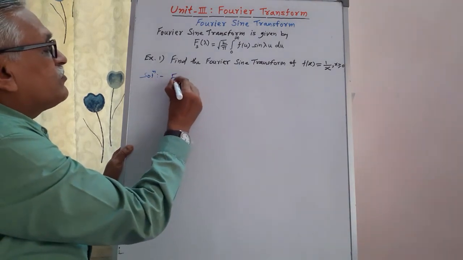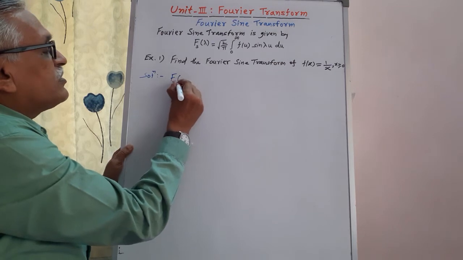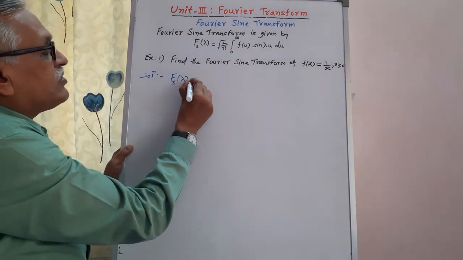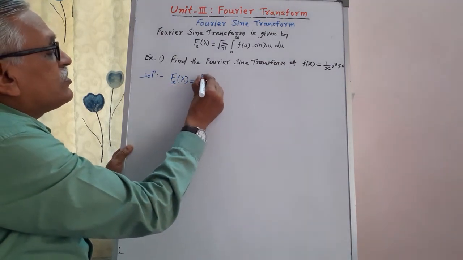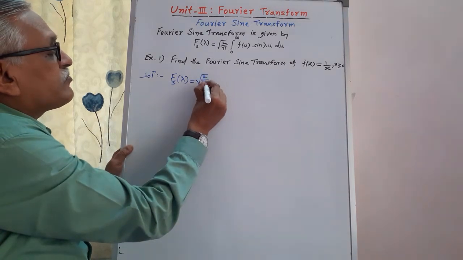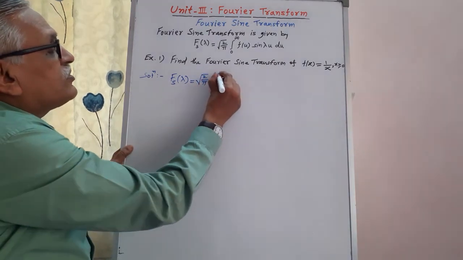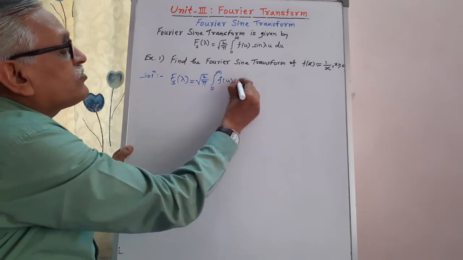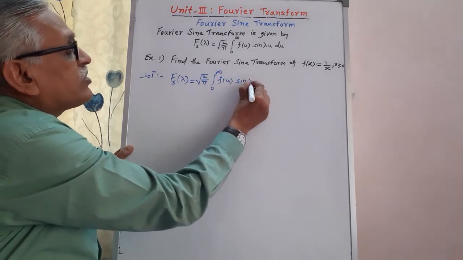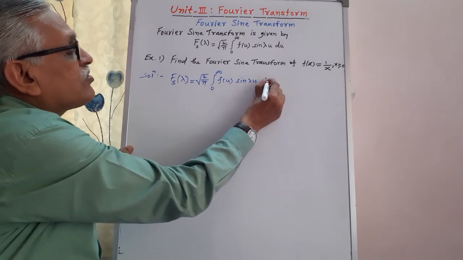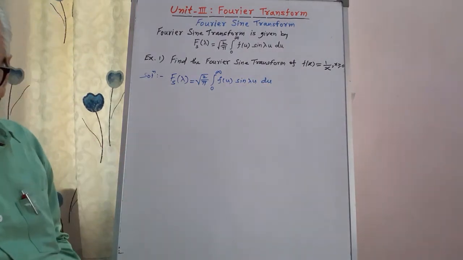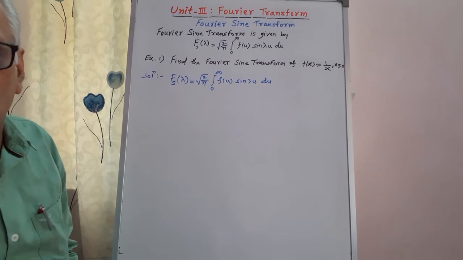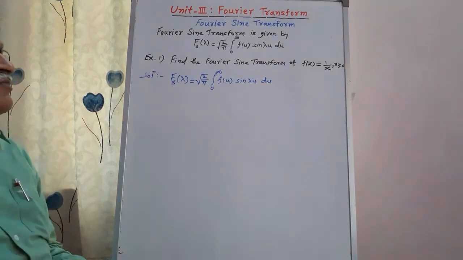Therefore, the Fourier sine transform is given by Fs(lambda) equals root 2 by pi integral from 0 to infinity f(u) sine of lambda u du. Using this standard formula to find the Fourier sine transform.